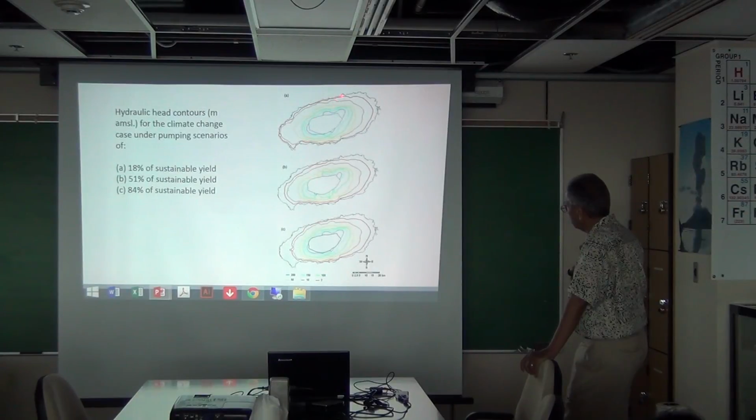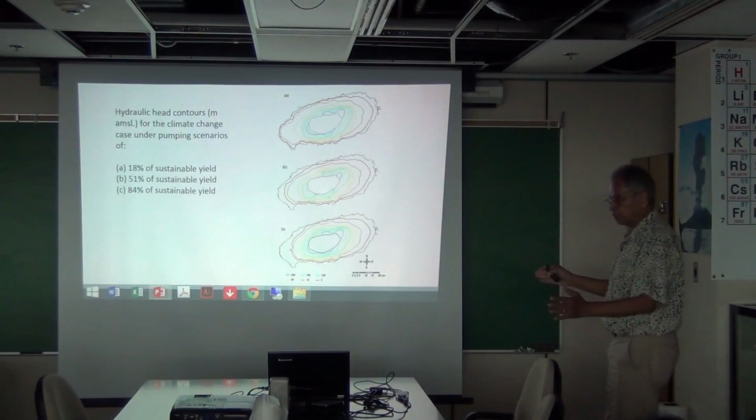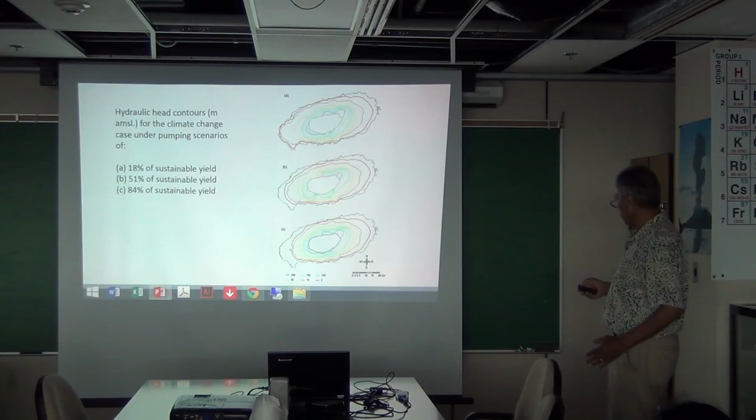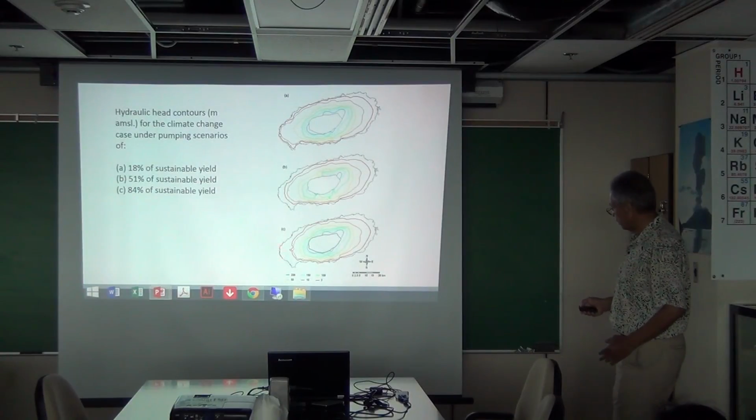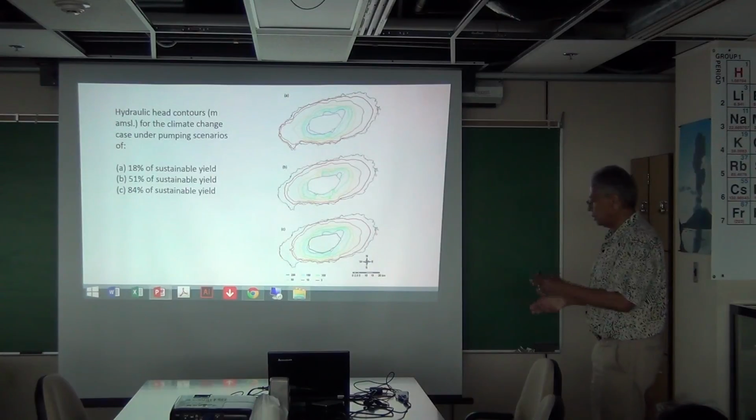So you can see if you look at the 2-meter contour, this is here, it will move inland, right? With the decline, the lens is shrinking, and this one is shrunk much more. And this area is very sensitive because there is too much use and the layer is very thin as well.